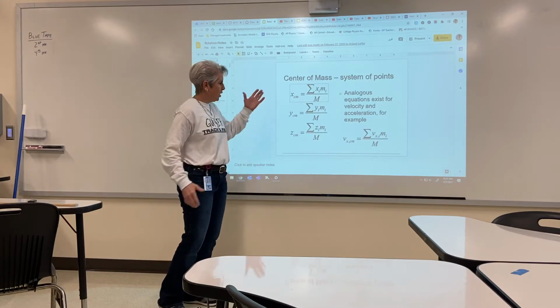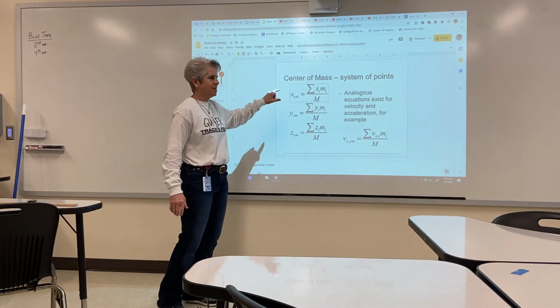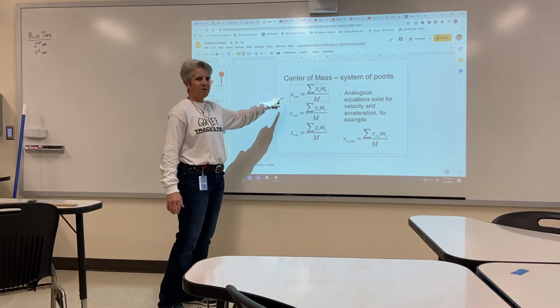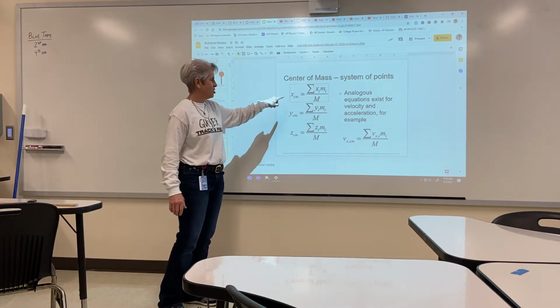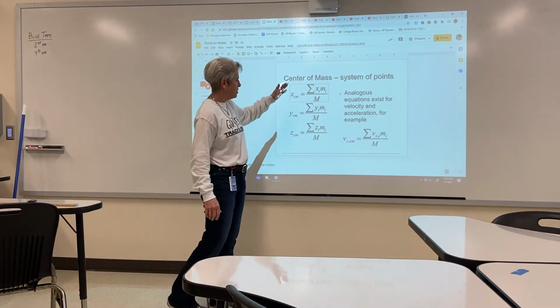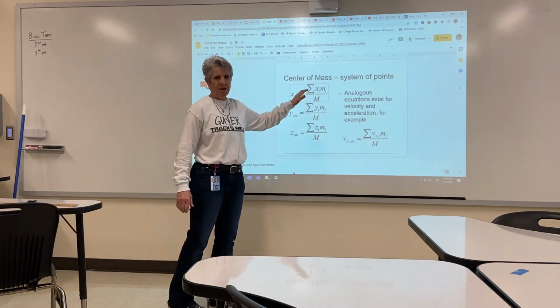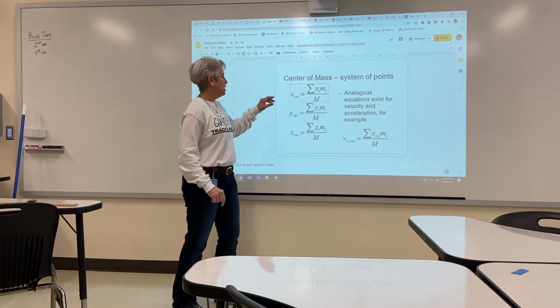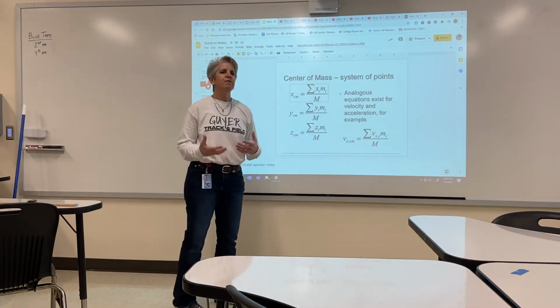So we have an equation for finding the center of mass that says the x center of mass, CM stands for center of mass, x is position. So the x position of the center of mass is equal to, now this says sigma x_i m_i. So remember, sigma stands for the sum of, and then i stands for individual things.